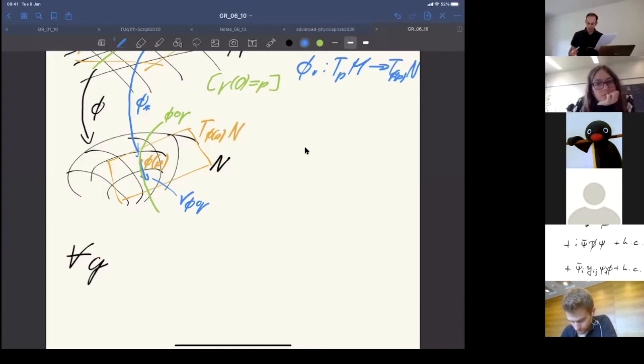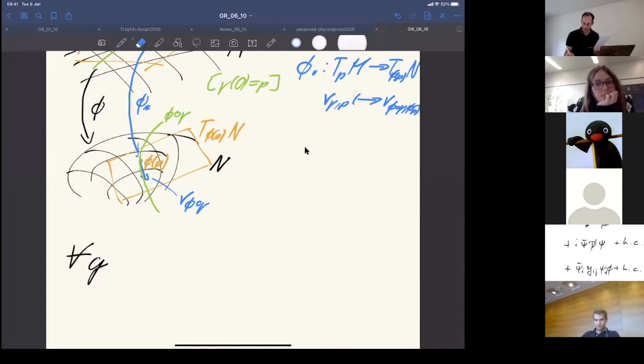So if I write this out, V of gamma at P is mapped to V of φ after gamma at φ(P). This is essentially the definition, if you like. That's what this mapping does.